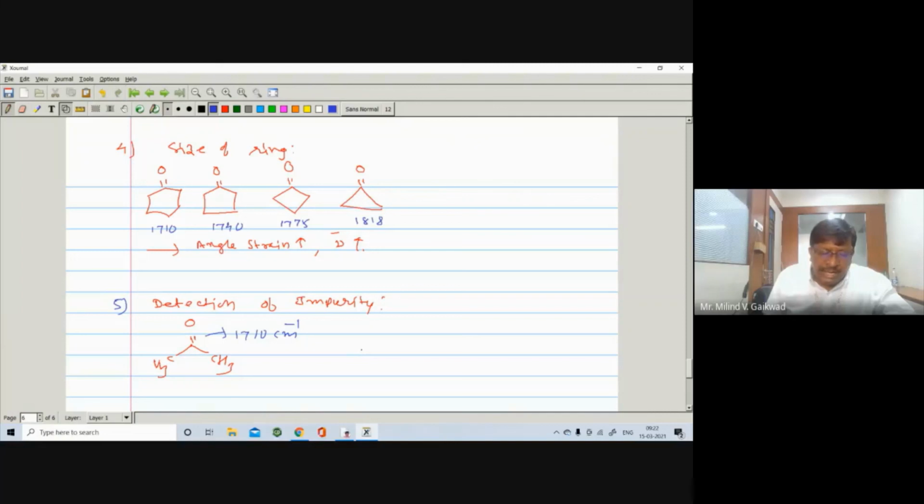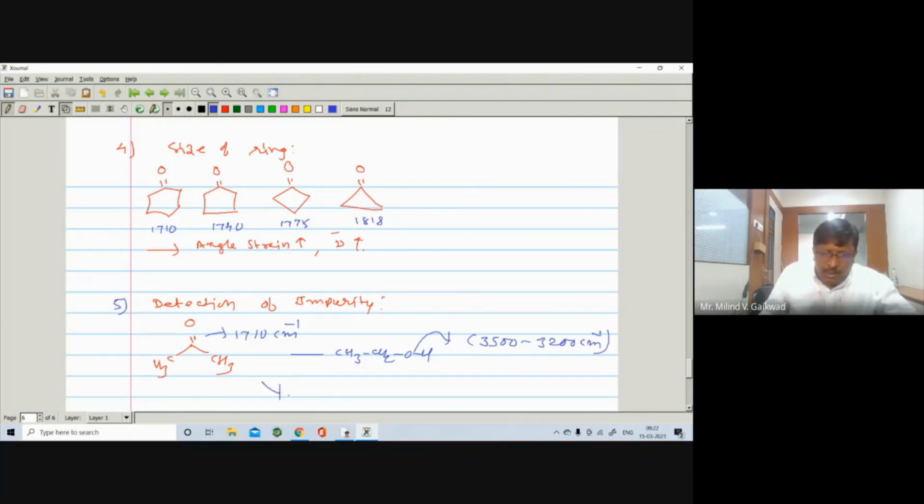But suppose there is an impurity of alcohol, for example, ethyl alcohol, EtOH, CH3, CH2 and OH. So along with this 1710, if there is impurity, then the OH stretching will appear at 3500 to 3200 centimeter inverse.